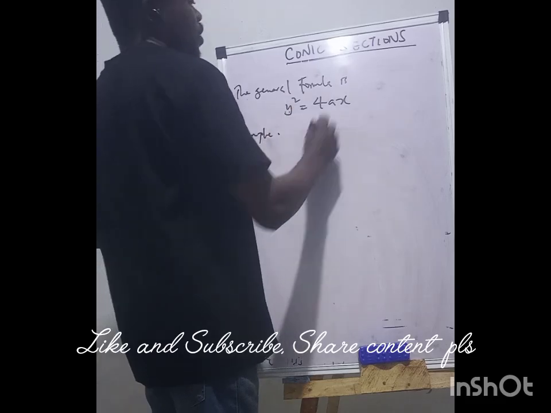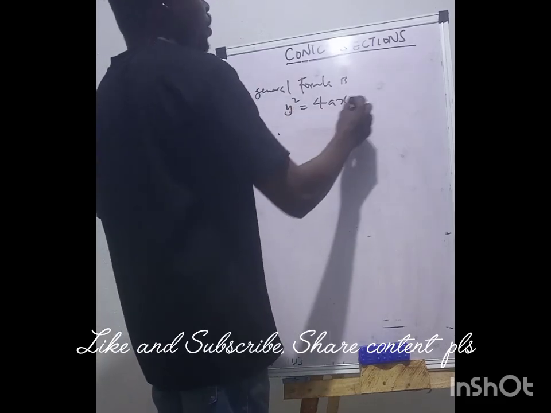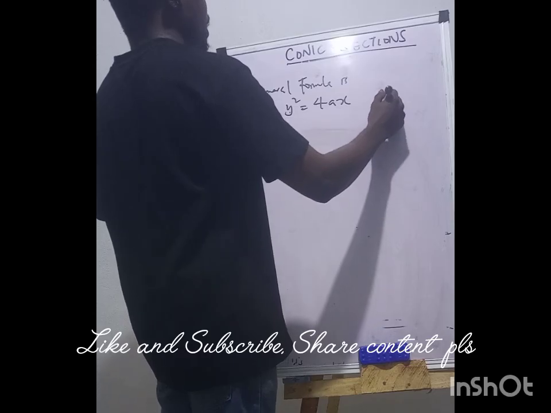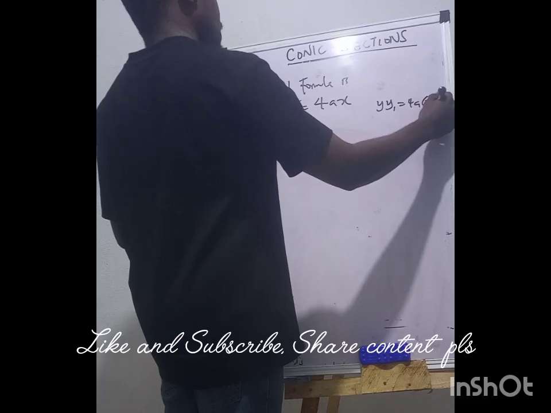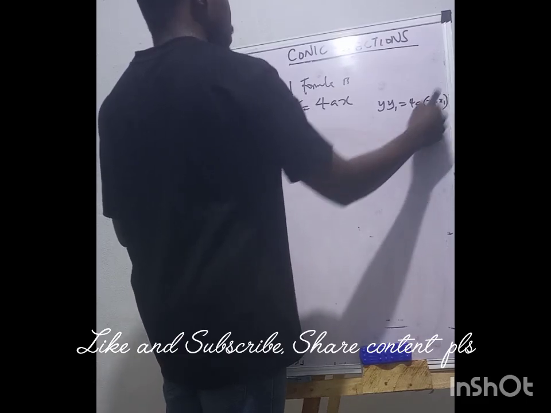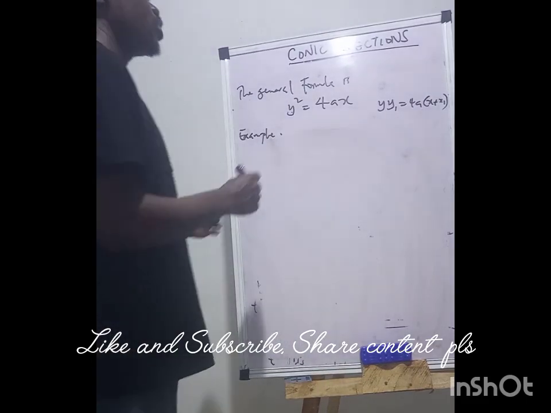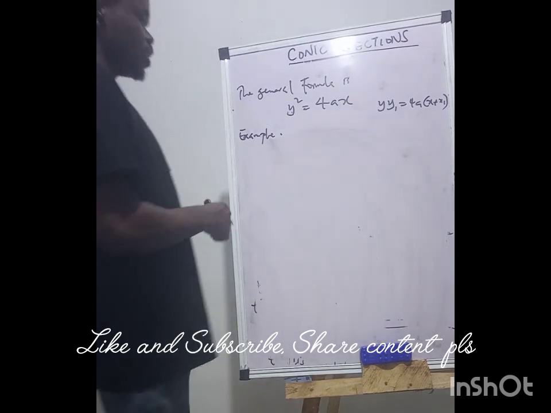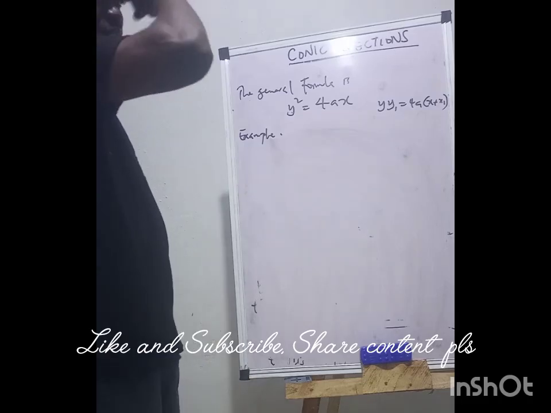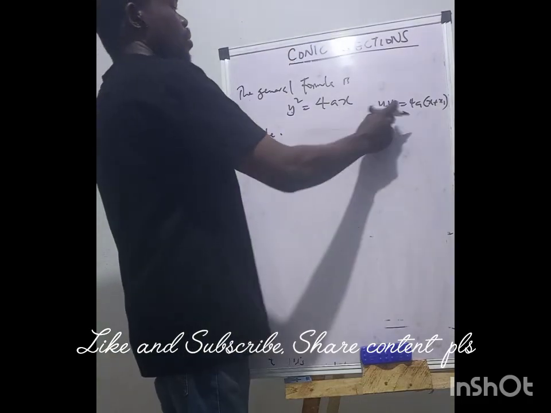Now, what this means is that if there's a special point here, you now have y1 y equals 4a(x plus x1). That's if we are trying to get another point on the line, as the line keeps extending. Remember that's y squared.